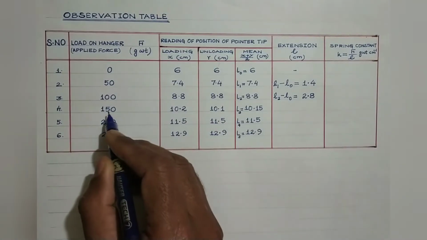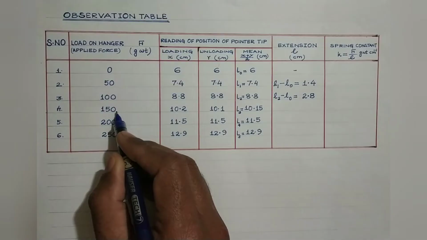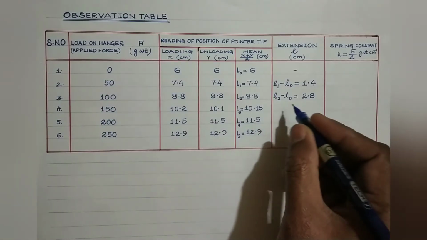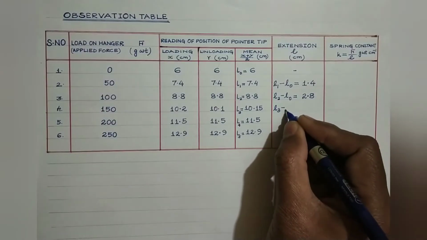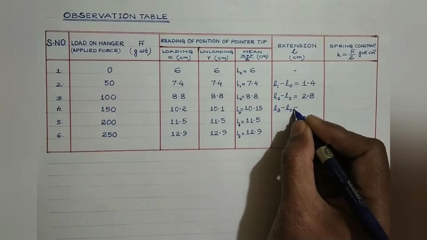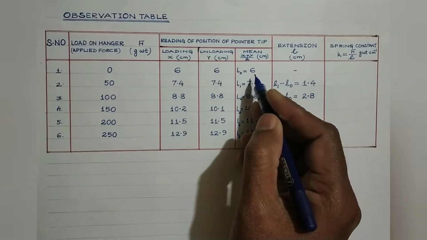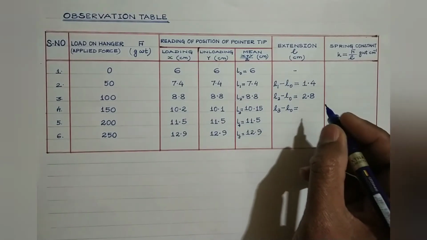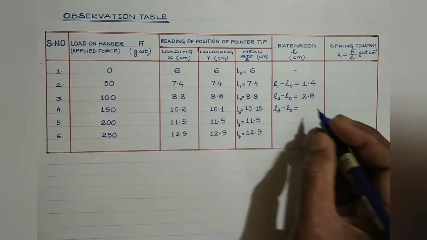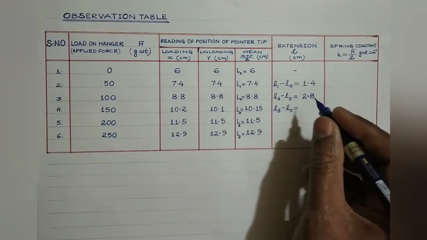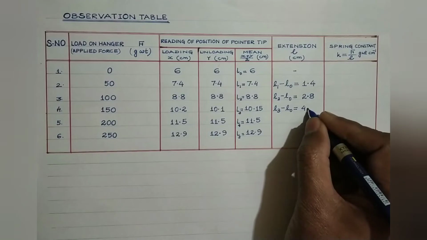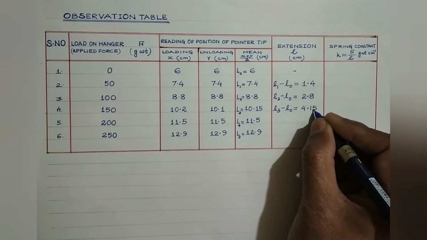Similarly, when a total of 150 gram weight is attached in the hanger, the net extension would be L3 minus L0. L0 is the length of the unloaded spring, the reading of the pointer. So it would be 10.15 minus 6, which gives us 4.15.